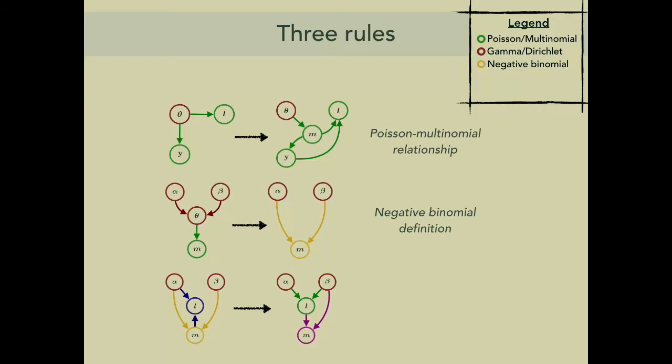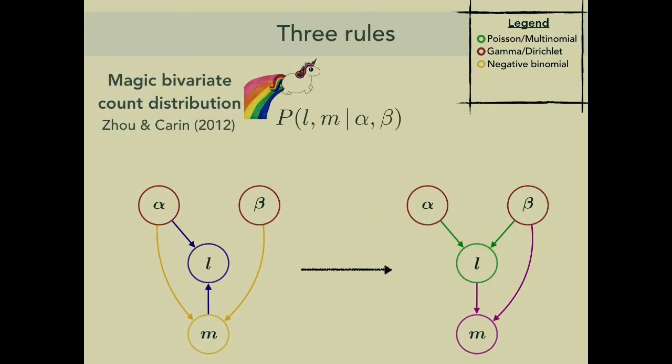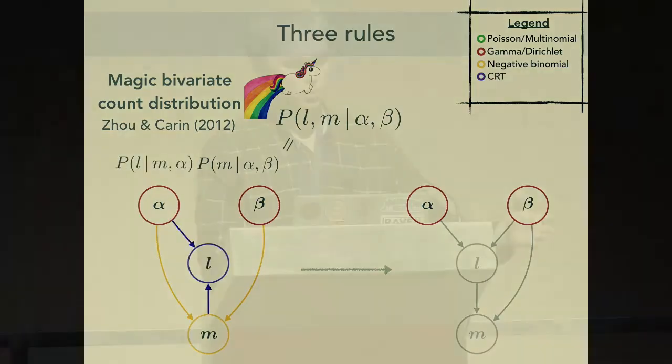Okay, and the next rule, and this is the magic. This is what makes it go. Okay, so here I'm showing you 2 different factorizations of the same bivariate distribution. Okay, so L and M are counts and they're conditioned on alpha and beta. And on the left, this distribution is going to factorize as follows. It's first M given alpha and beta, where M is a negative binomial random variable. And then L given M and alpha, where L is a Chinese restaurant table distribution.